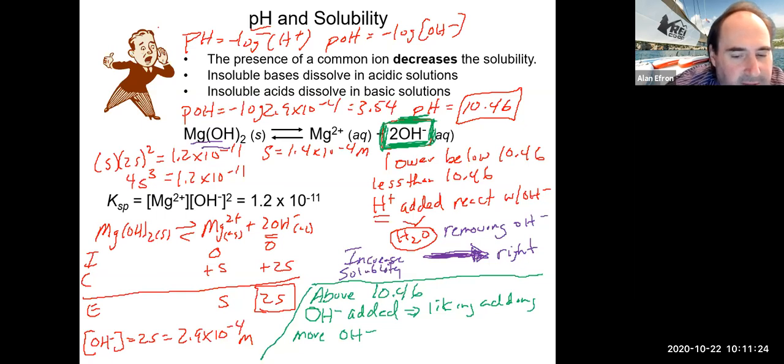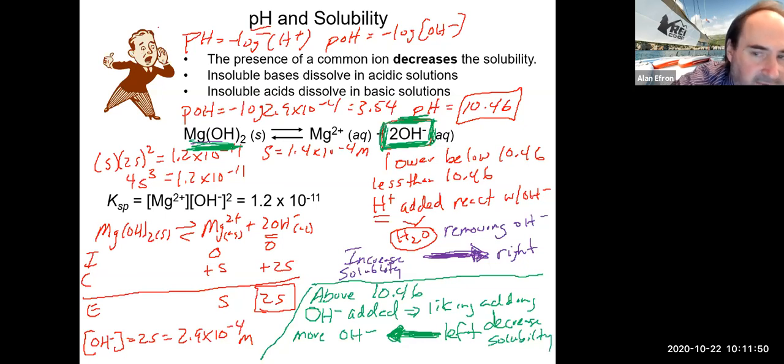And when you do that, it's going to shift away from the side you added it to. So we would expect the equilibrium to shift to the left. And when it shifts to the left, it is going to make more solid, and that would decrease the solubility.